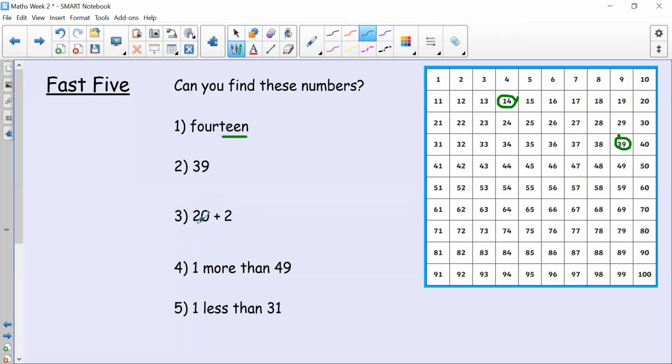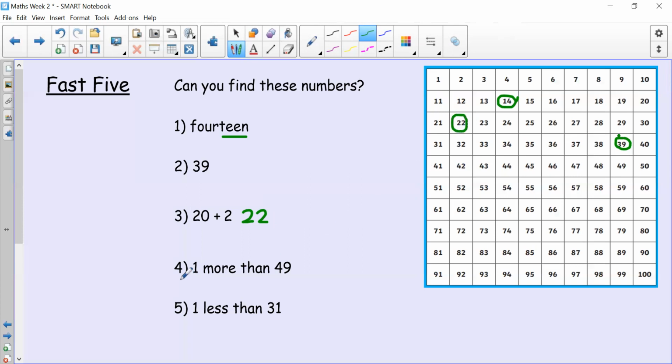So 2 tens and 0 ones add 2 ones is 22. 2 tens and 2 ones, 22. And then find it on the 100 square. We look for the 20s. There it is. Did you find 22?